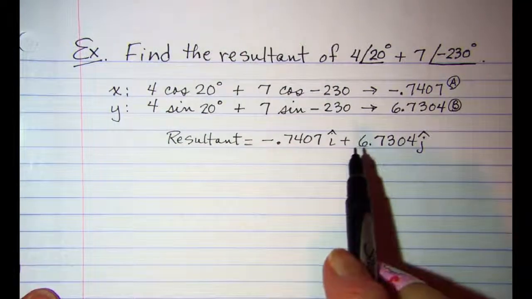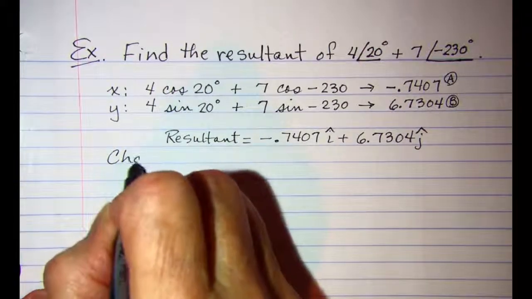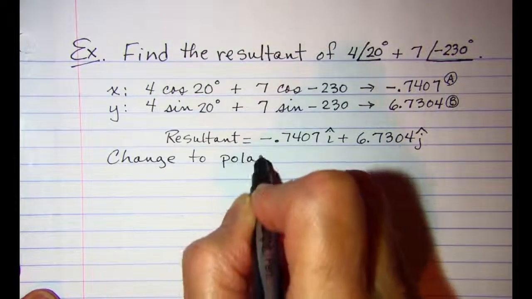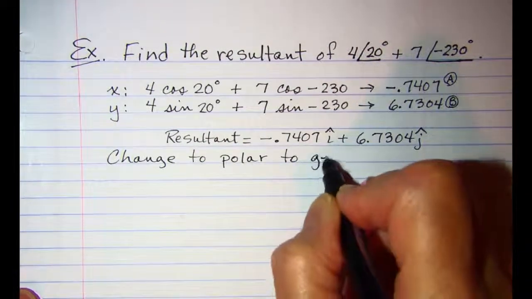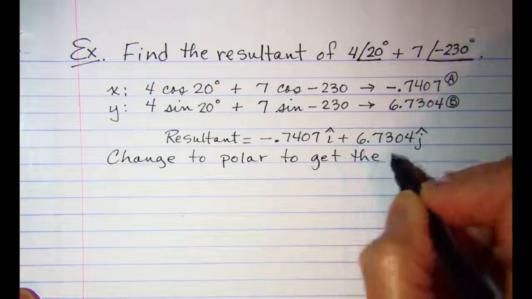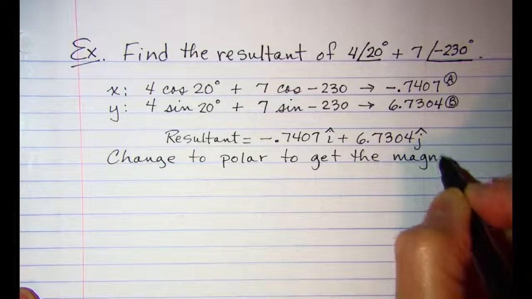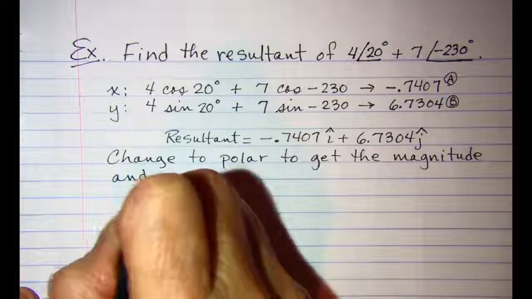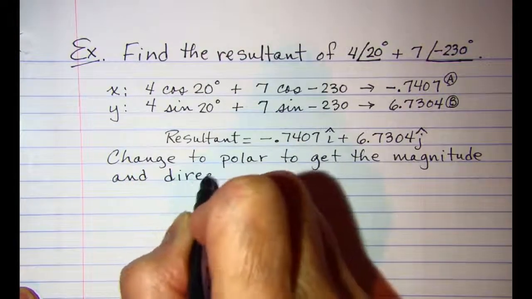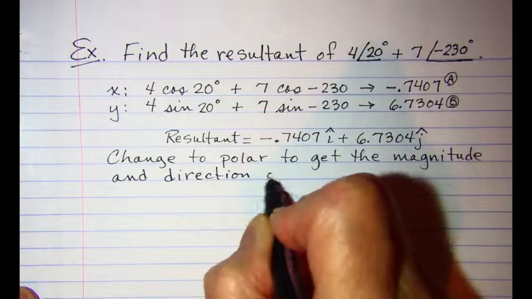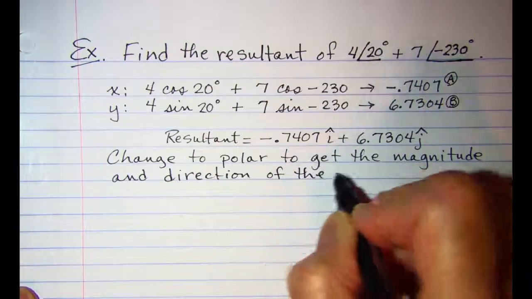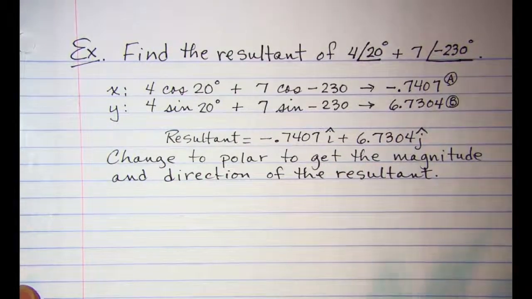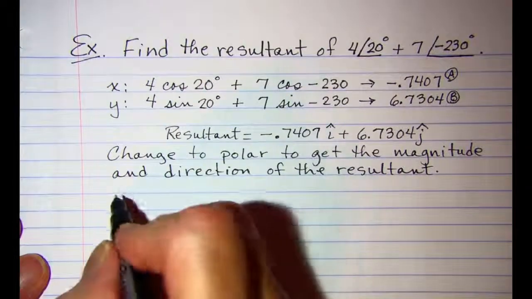So we want to change to polar to get the magnitude and direction of the resultant. We'll do that with our formulas.